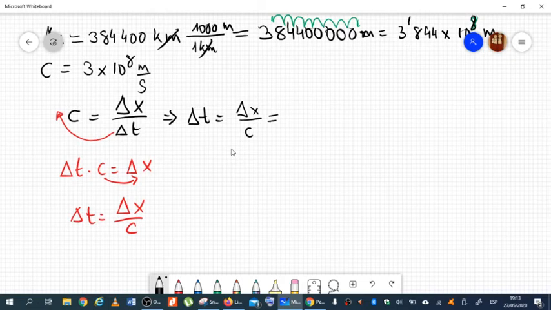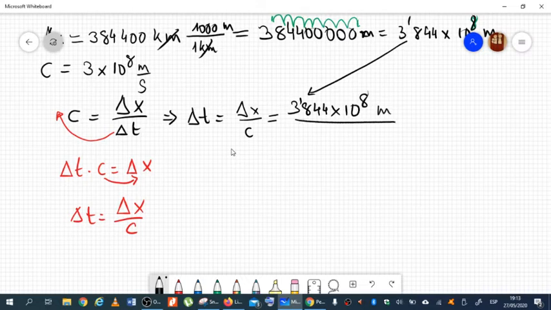So the distance is from here, 3.844 times 10 to the power of 8 meters, and the speed of light is 3 times 10 to the power of 8 meters per second.